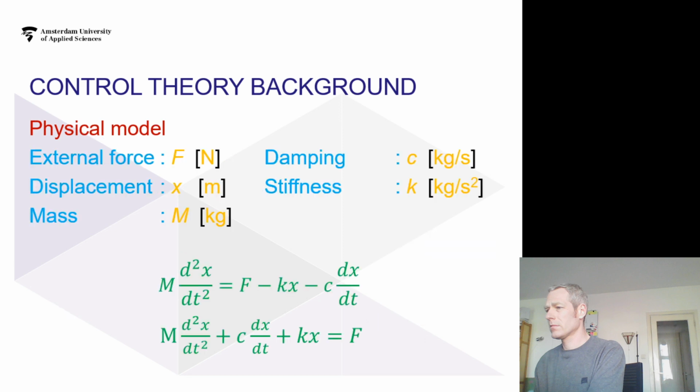So for this example, we have an external force which drives the behavior of the system, but our mechanical properties, such as the mass of the system, the damping of the system, and the spring constant, will dictate if any force applied to it will result in oscillations or just a simple damping back to a steady state situation.